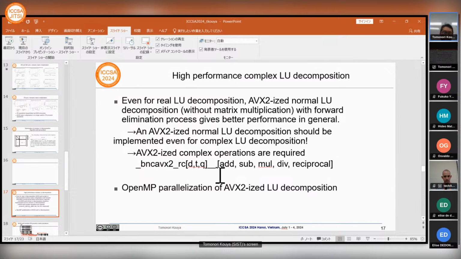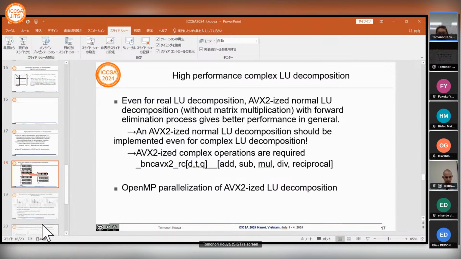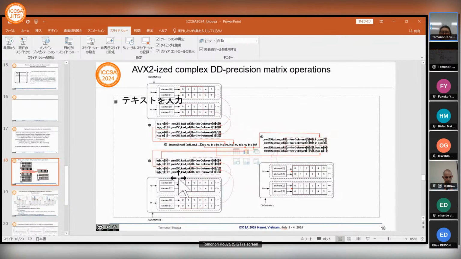And of course, we parallelize complex LU decomposition by using OpenMP functions. This figure shows the way to use simultaneous load and store functions to accelerate complex operations like this.